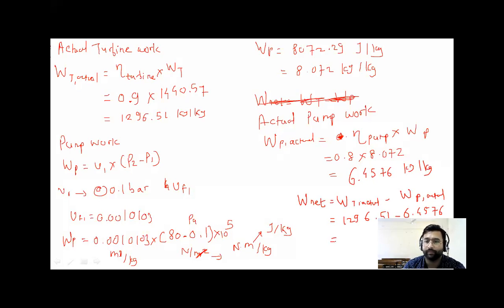Calculate. 1290.05. Correct. Kilojoule per kg. This net work is also called specific work. So they have asked you specific work. Specific work is nothing but net work. So this is answer number 1.